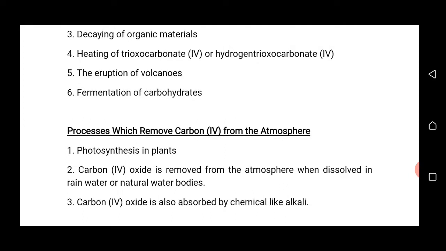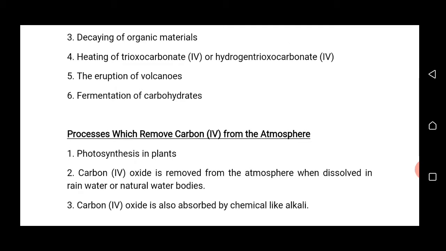Or any hydrogen trioxocarbonate 4 such as sodium hydrogen trioxocarbonate 4, potassium hydrogen trioxocarbonate 4, calcium hydrogen trioxocarbonate 4, when they undergo decomposition by the application of heat, CO2 is also being released into the atmosphere.